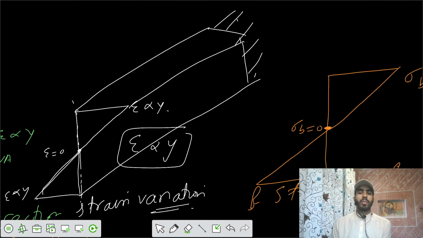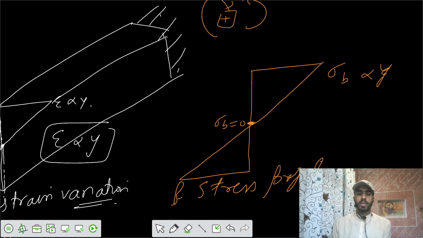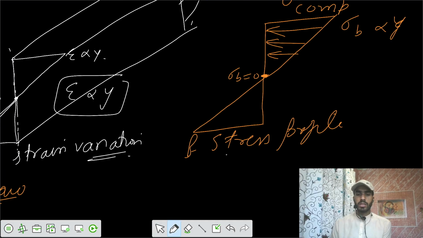And we said that because of the sagging bending moment, because the bending moment was positive, the top fibers have compressed. So on the top fibers, you can show that it's compression. There is some maximum compressive stress on the top, and similarly there is some maximum tensile stress at the bottom.